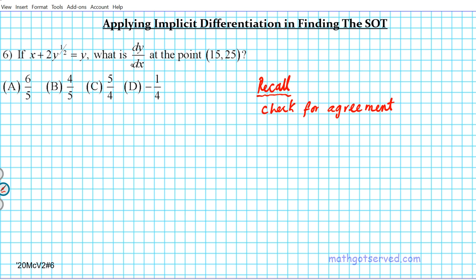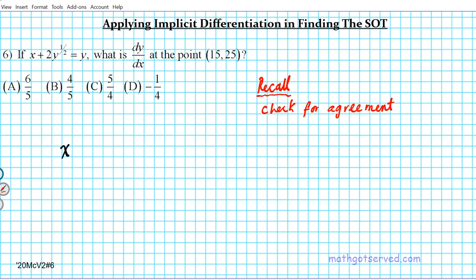In this problem, we're differentiating with respect to x. So any term that's a function of x, we have agreement. But if it is any other variable, when we differentiate that term, we have to add d of that variable, dx, to indicate that we do not have agreement. Alright, let's go ahead and apply it here.